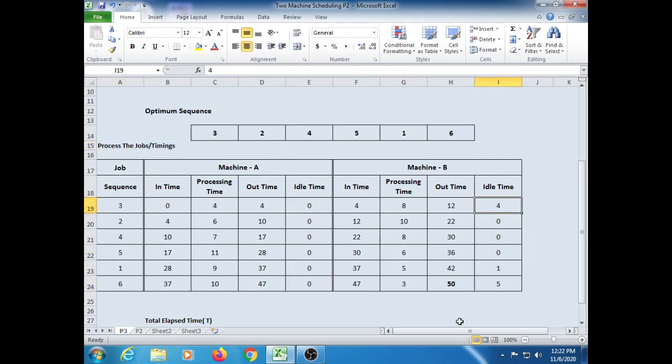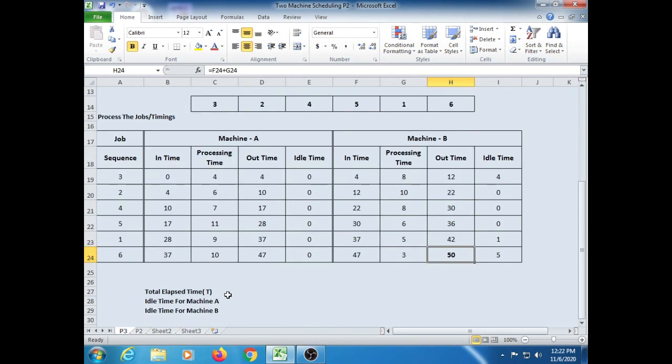So for processing all the jobs, how much time will we get? 50 hours to process all the jobs. At the 50th hour we can process all the jobs. So that's why the 50 hours is the total elapsed time. This 50 hours we have to take as the total elapsed time.